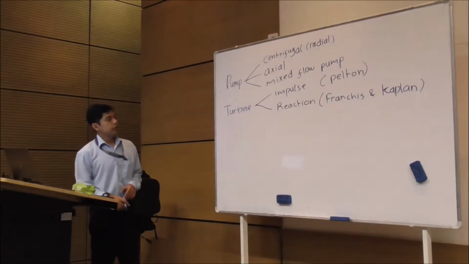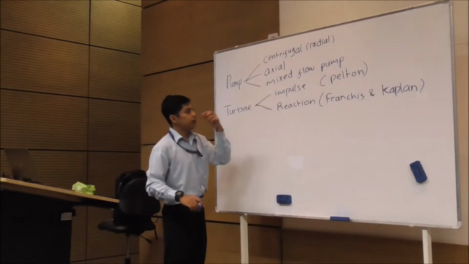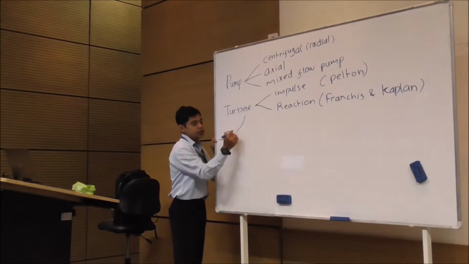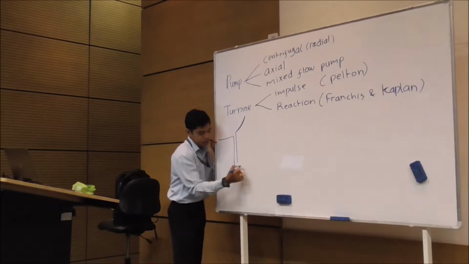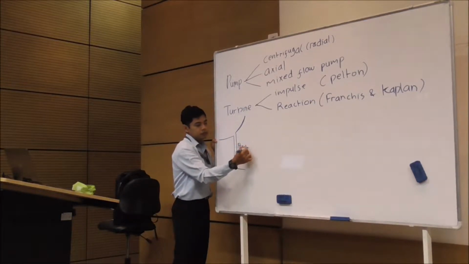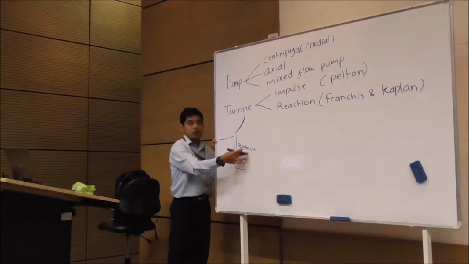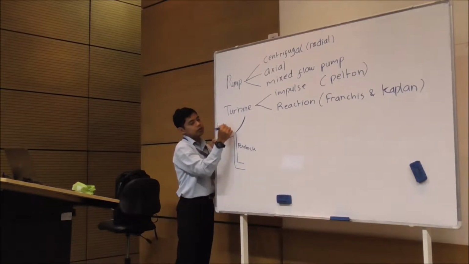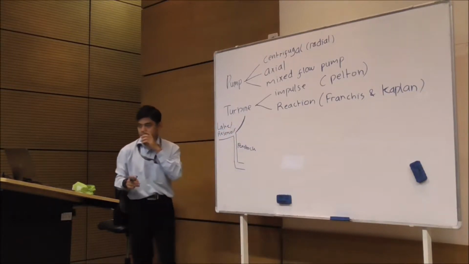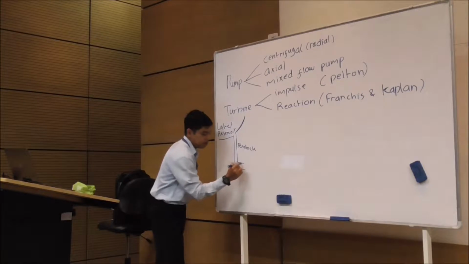Okay, so this impulse turbine, if you look at how it looks, is like you are having a storage or a large reservoir, and then you will drive the flow through the so-called penstock. This is the penstock. This is your lake or reservoir.